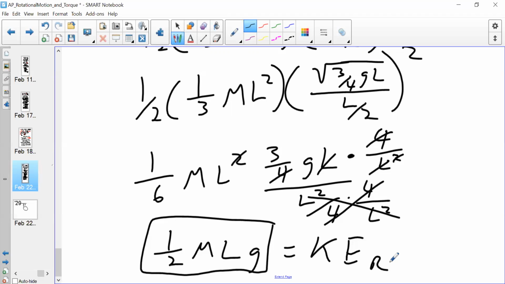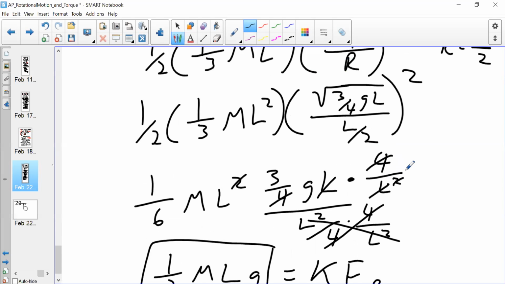Because that does matter with the R, right? We're keeping in line with center of mass. Okay, we could do it about any point.